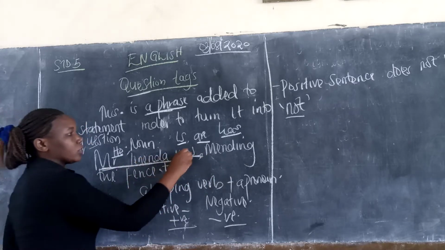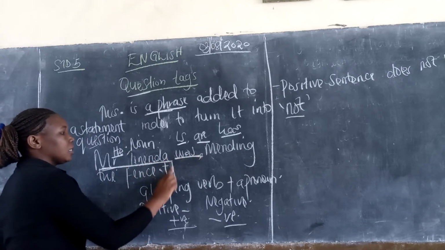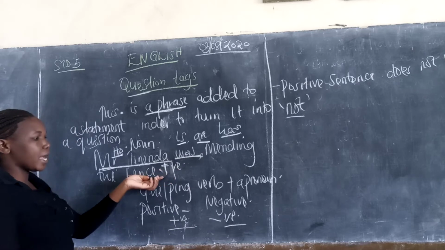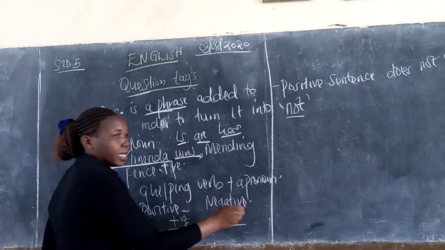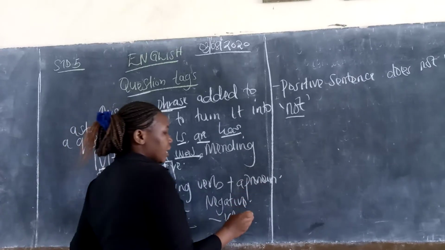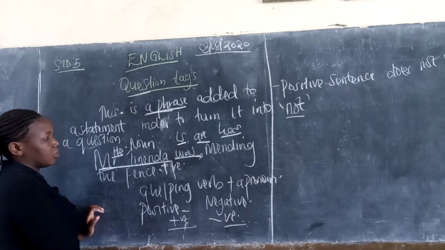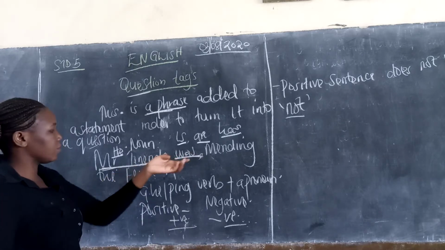Mr. Tinenda was mending the fence, meaning our sentence is positive. A positive statement gives us a negative answer, and a negative statement usually has a positive question tag.